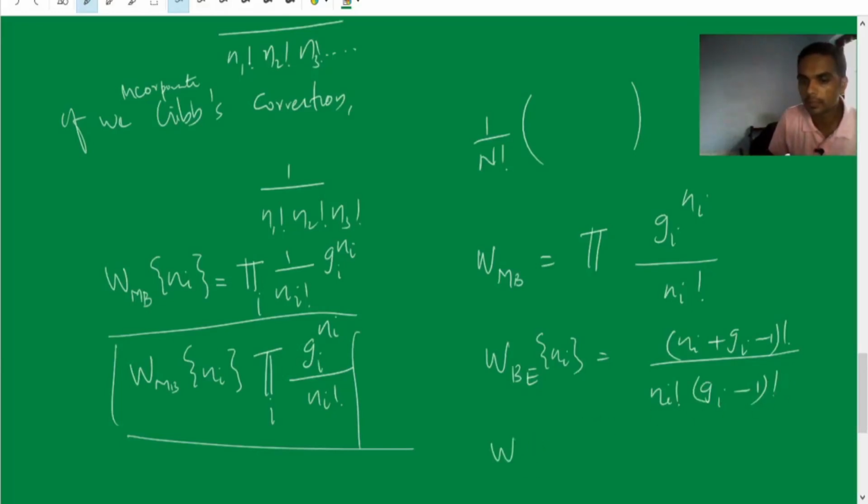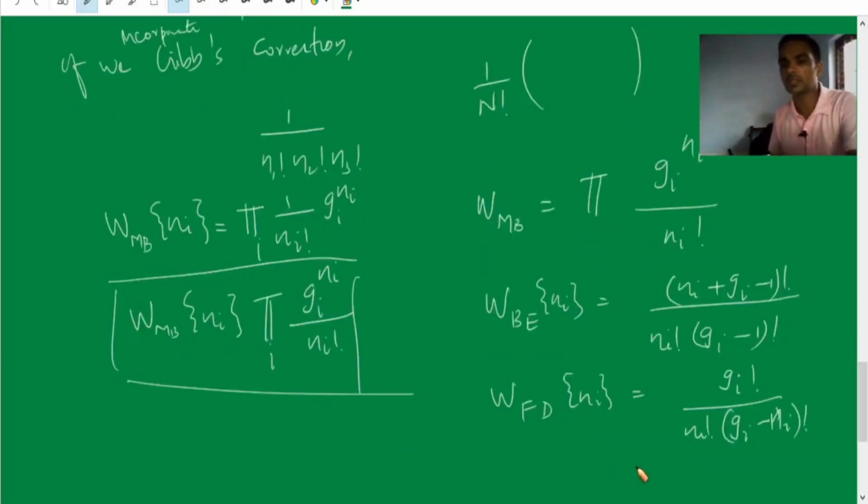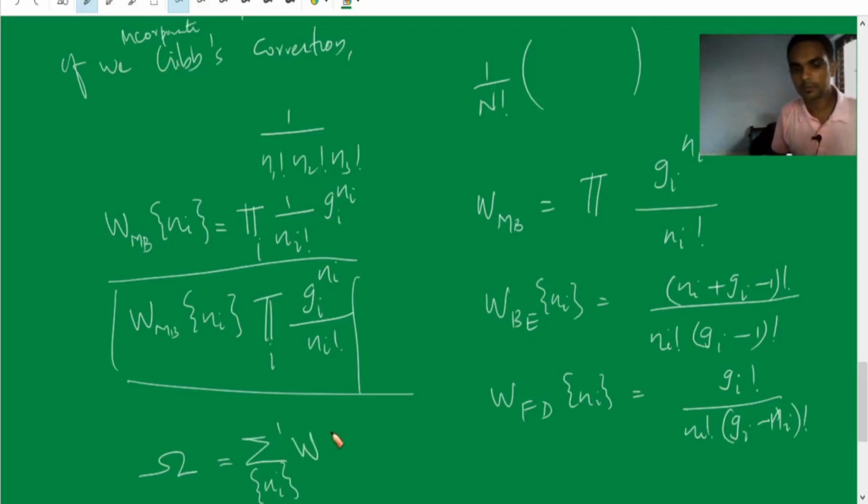Then W of Fermi-Dirac for a distribution set Ni is equal to Gi factorial divided by Ni factorial into Gi minus Ni factorial. These are the different cases. From this we can get omega is equal to the sum over all sets of omega of that particular distribution set.